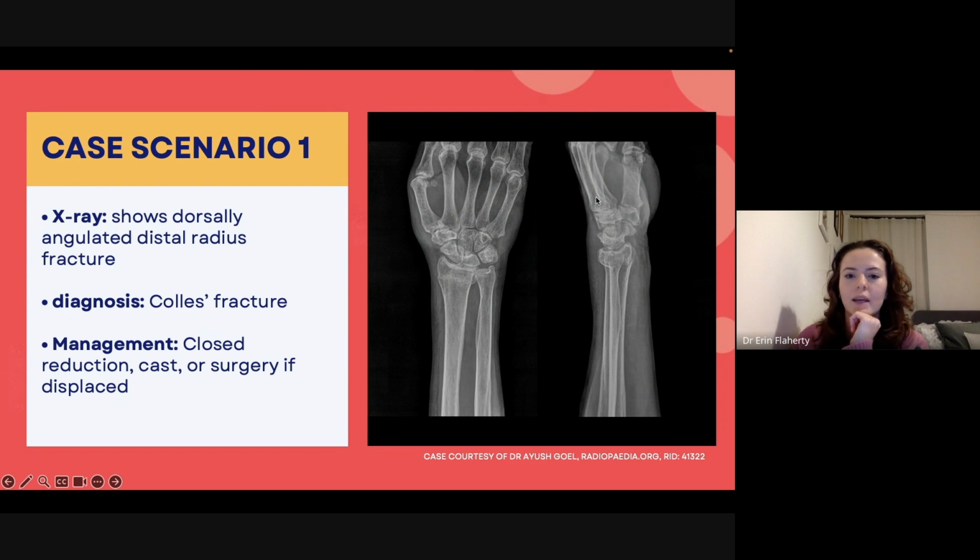So that's dorsally angulated, and we've got our fracture right in our distal radius. Management for this, if it's stable, is closed reduction and a cast, or if it's displaced or unstable, then we would look at surgery. So well done if you got that.